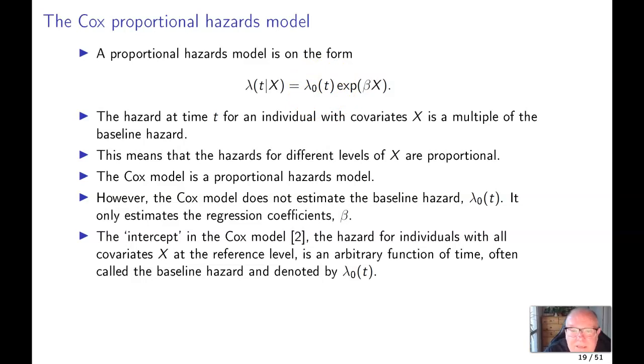So this is analogous to the intercept in other regression models. In linear regression, the intercept term is the value of the outcome when everybody has covariates 0. Well, it's exactly the same here, except the intercept is a function of time.